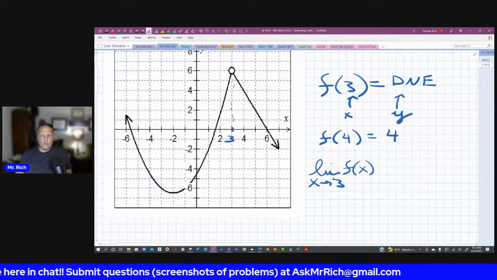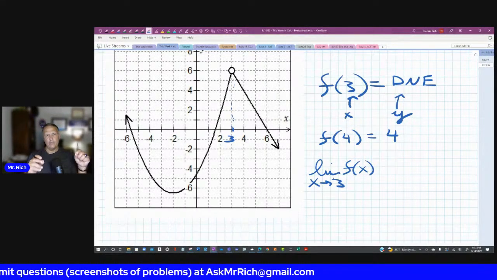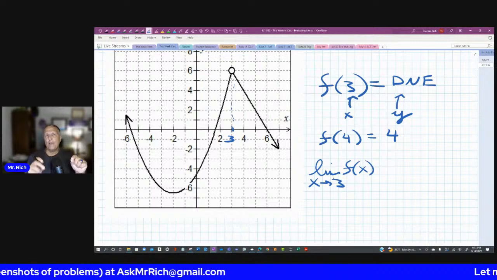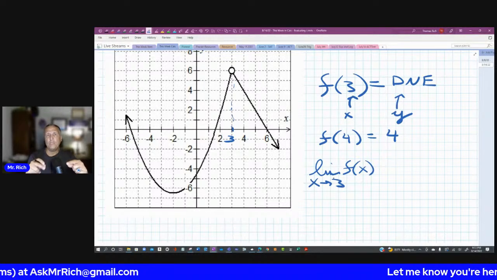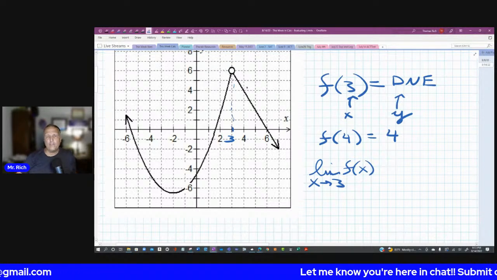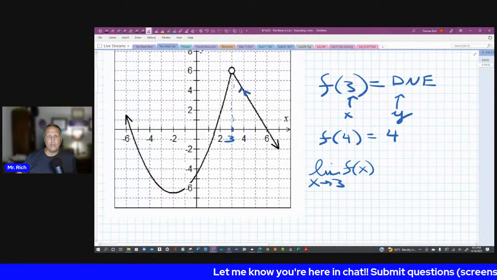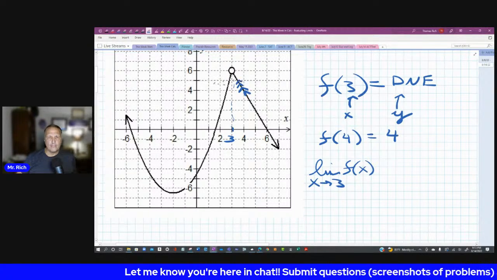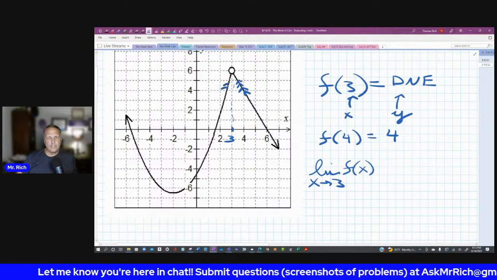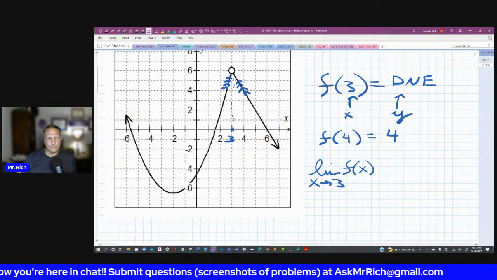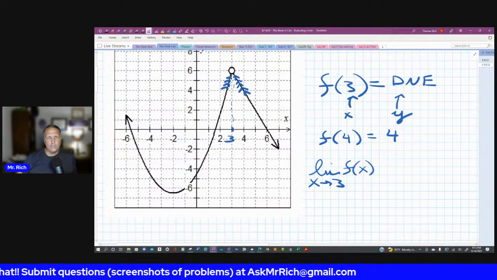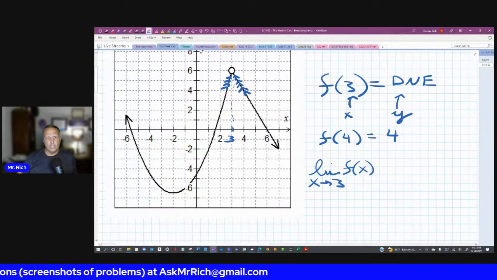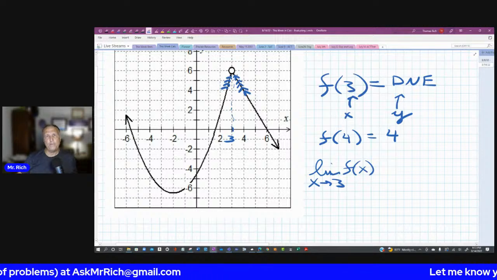It's saying, okay, if you go away from 3 some infinitesimally small amount, what does the y value get close to? So the way that you could visualize this is that if you are climbing from the right-hand side and from the left-hand side here towards the x value of 3, do you converge on one particular y value?